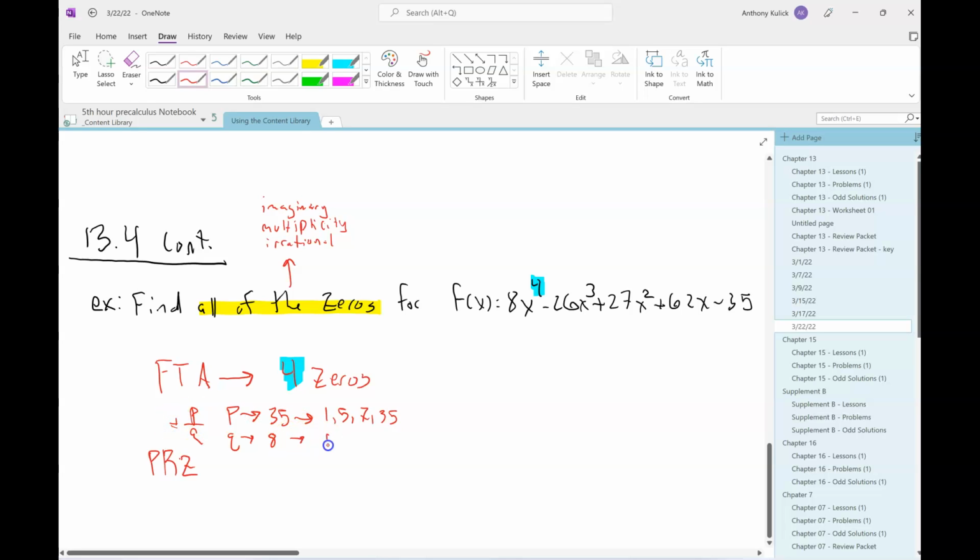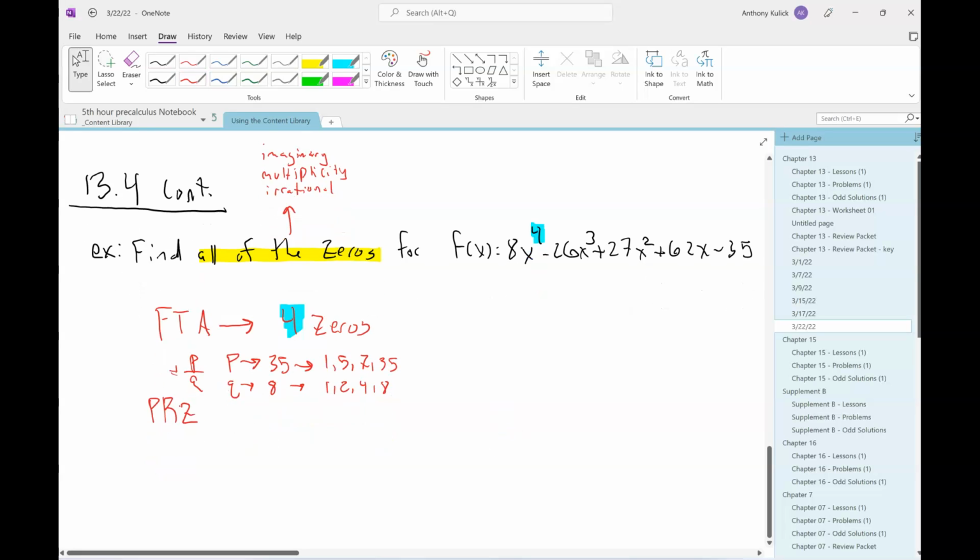So the factors of 8 are 1, 2, 4, and 8. So my possible rational zeros are 1 over 1, 5 over 1, 7 over 1, and 35 over 1.